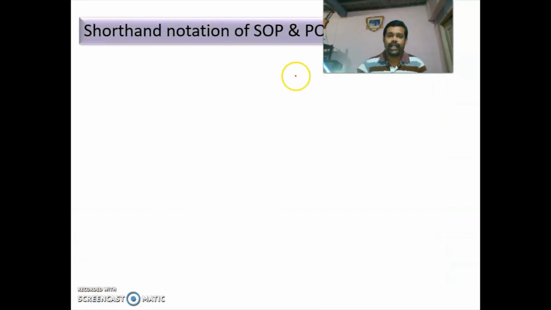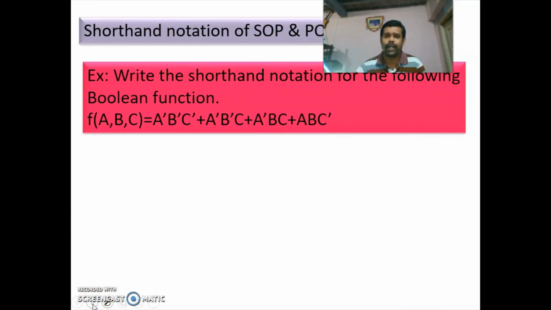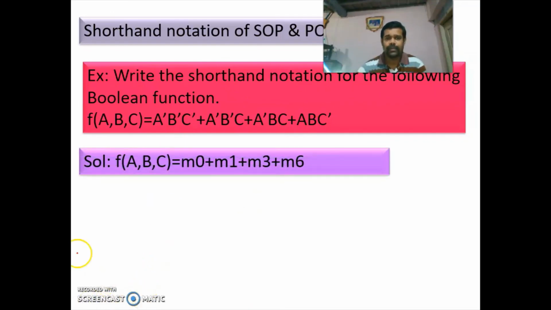Next, shorthand notation of SOP, standard sum of products, and product of sums. You have a Boolean expression like this, f of A, B, C. How to write the shorthand notation? This is A bar, B bar, C bar, which means 0, 0, 0.